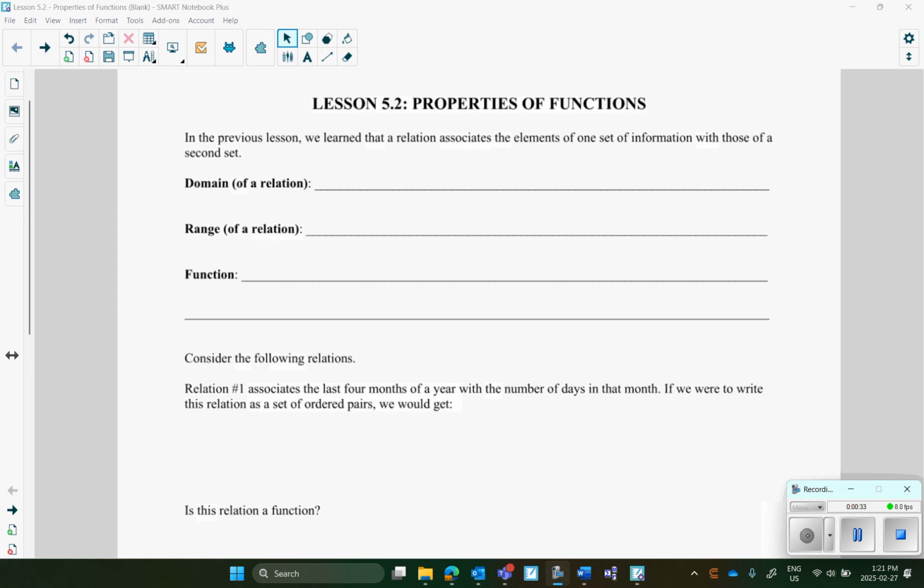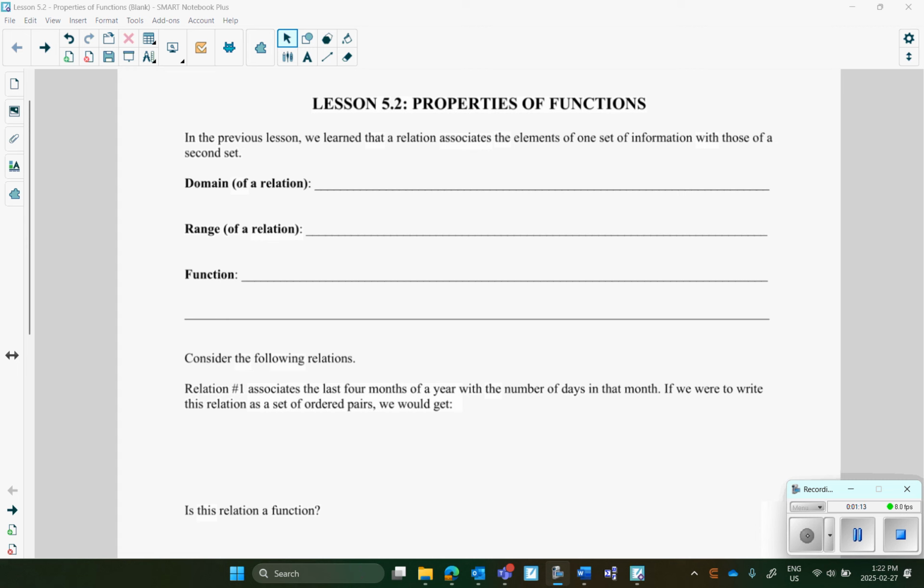The second set of information could be hair color. Then the rule would be you're associating each name of student in this class with a hair color. Obviously, most of the names would be different. I don't think we have any doubling up anymore of names, do we? No. So every name would be distinct, but not every hair color would be, would it? Because we would put them under sort of general categories.